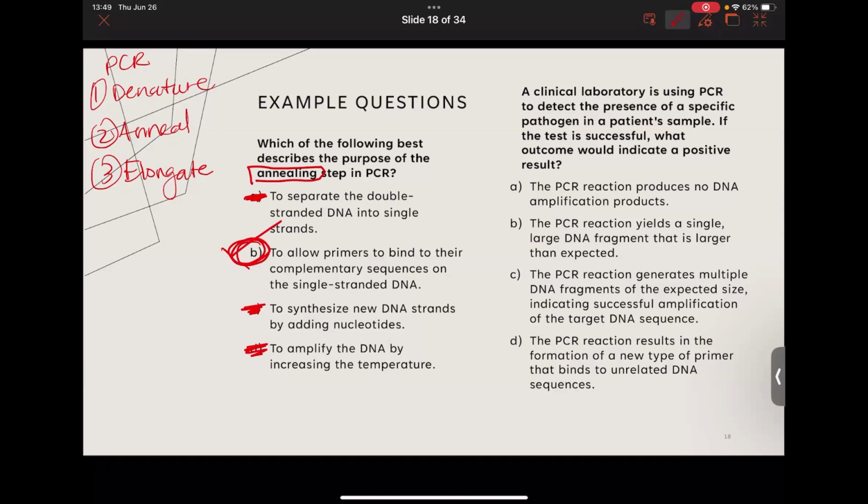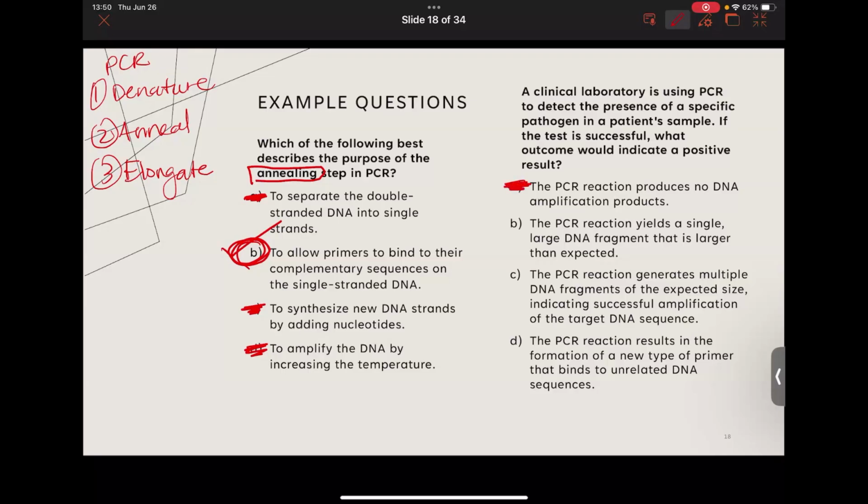It's B. A clinical laboratory is using PCR to detect the presence of a specific pathogen in a patient's sample. If the test is successful, what outcome would indicate a positive result? If the patient has the disease, then they should make products. That's pretty much how PCR works. So A, the PCR reaction produces no products. That would be a negative result.